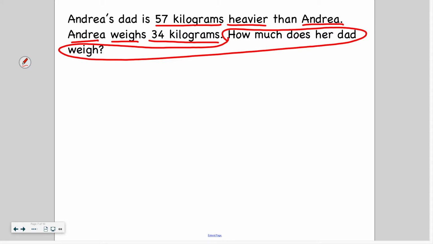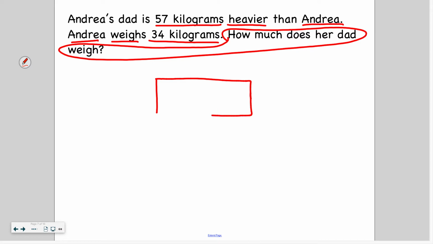So how could we go about solving this? What would we have to do? What operation would we use? So the strategy you pick is fine, it doesn't matter what strategy you pick, but the operation you're going to have to use, and operations mean addition, subtraction, division, or multiplication, you would have to do addition to solve this, and I'll explain why.